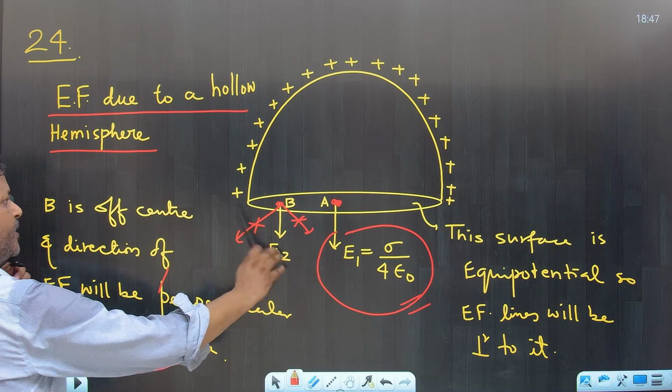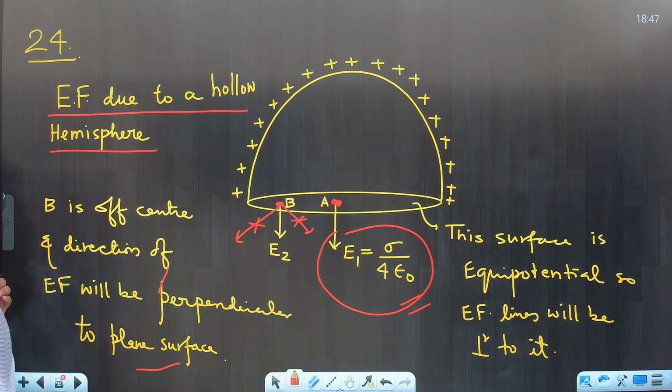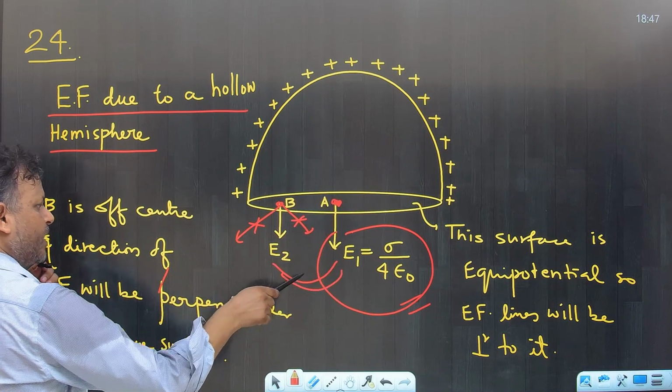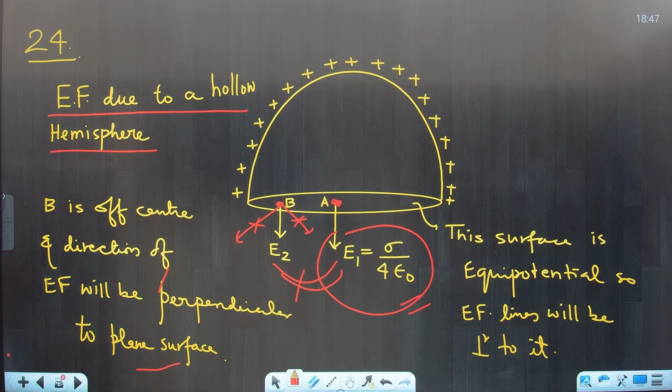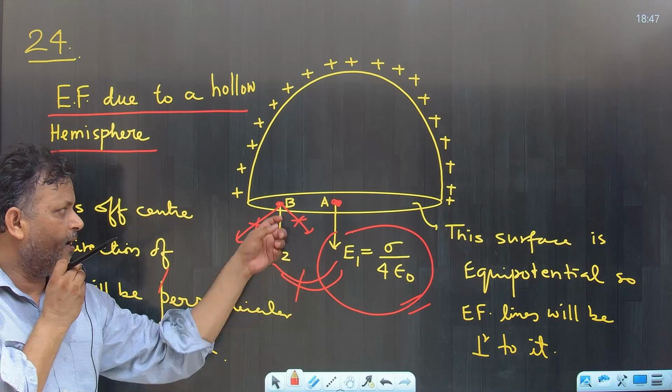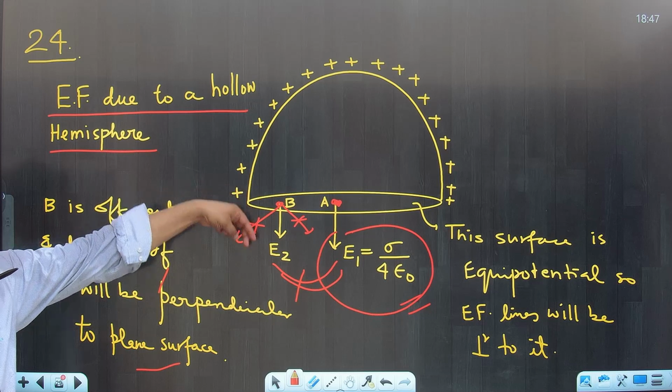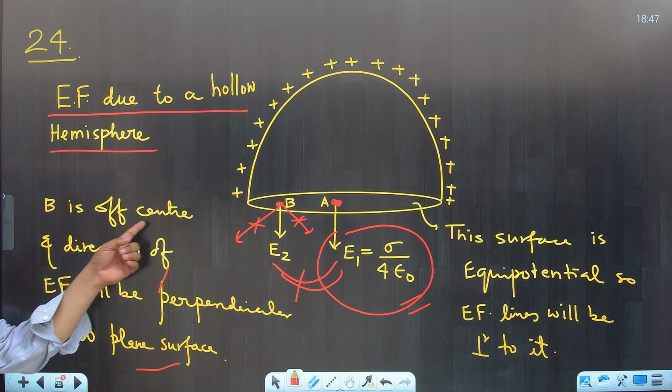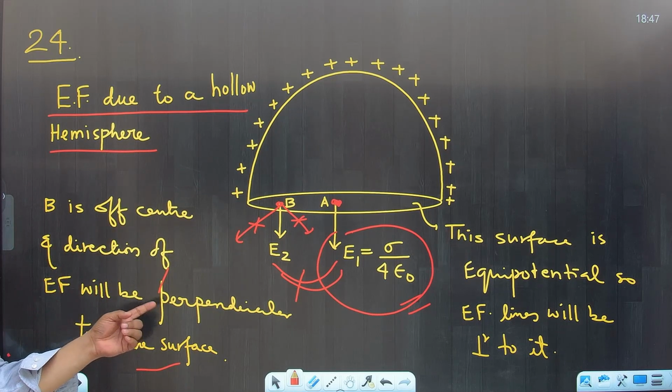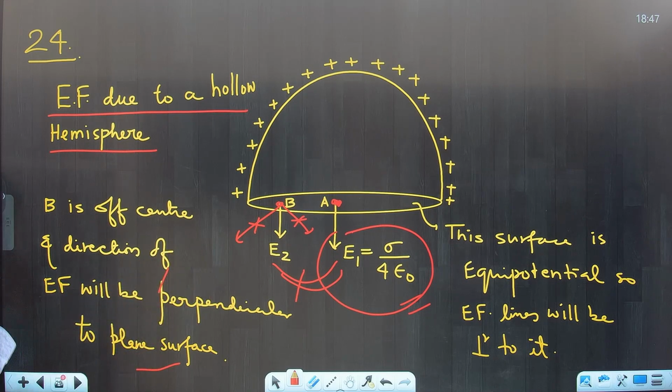So E1 is perpendicular to the surface, E2 is perpendicular to the surface. Their values are not equal, because at the center you get sigma by 4 epsilon 0, at E2 you will not, but it is perpendicular to the surface. You have to remember it. When we discuss potential in the next lecture, we will understand it completely.